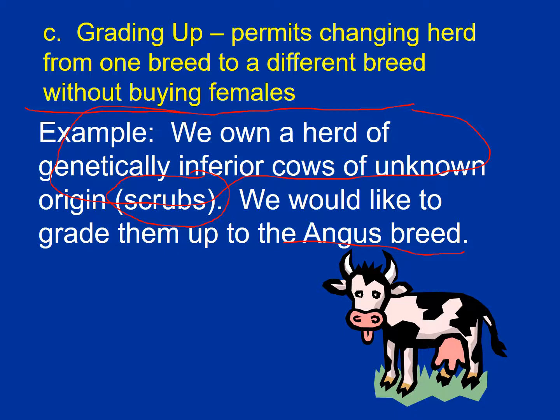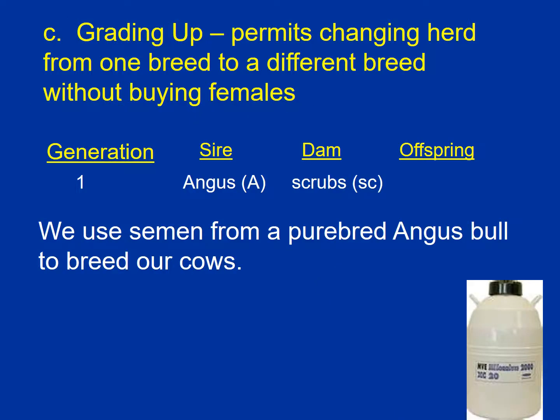So we'd like to grade them up to the Angus breed, which is the most popular beef breed, all right? So we could possibly just sell all these cows and buy Angus cows, but unfortunately we don't have the money to do that. So we're going to go through a grading up program. How does that work? So we start out here, we've got our cows.